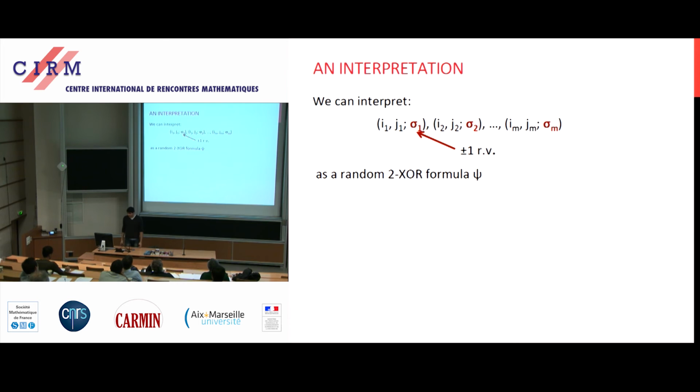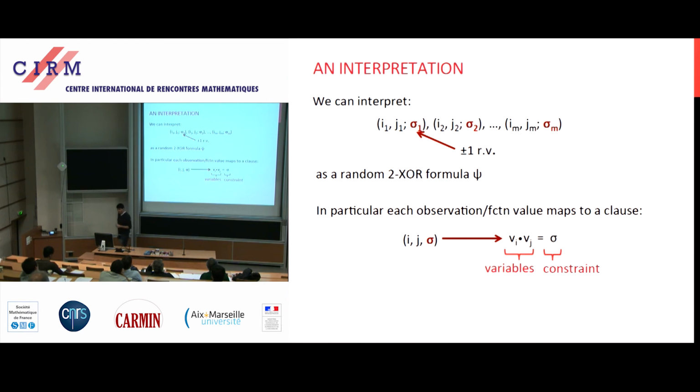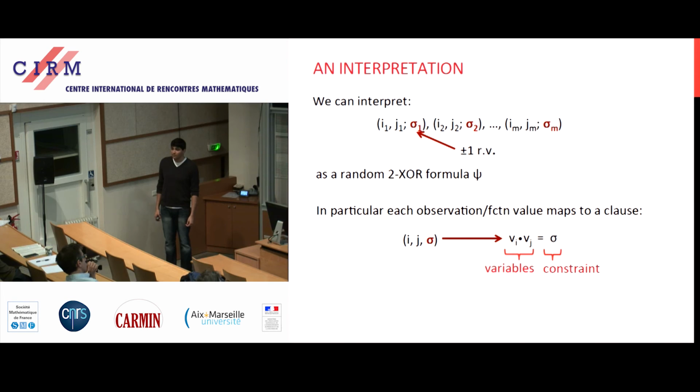I could think about each of those observations as being a 2 XOR clause, because what's really going on is that entry i j, which is populated with the sign sigma, is the same thing as taking variables v_i and v_j and constraining their product to be equal to sigma, where the variables take on values plus minus 1.